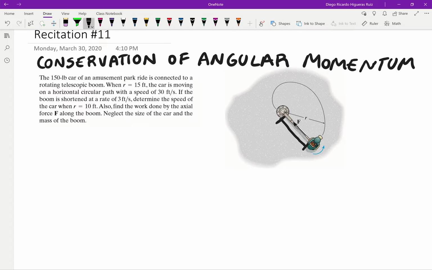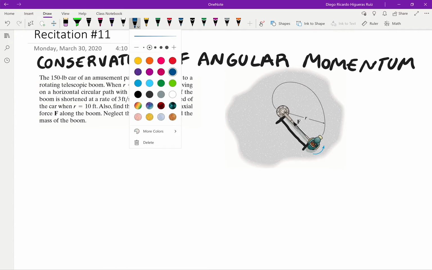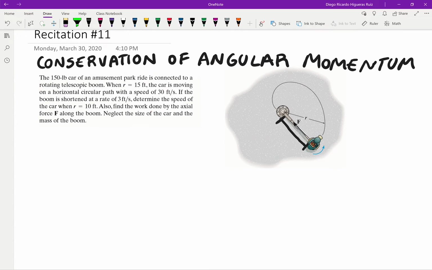Alright, so let's see. Okay, so we need to find, if the boom is shortened at a rate, the speed of the car when r is equal to 10 feet, right?